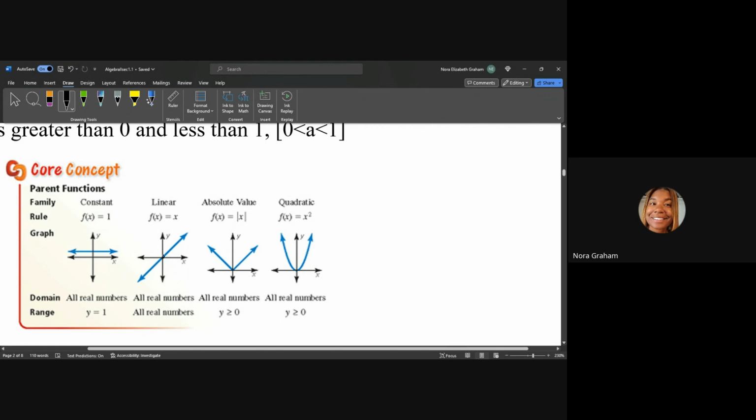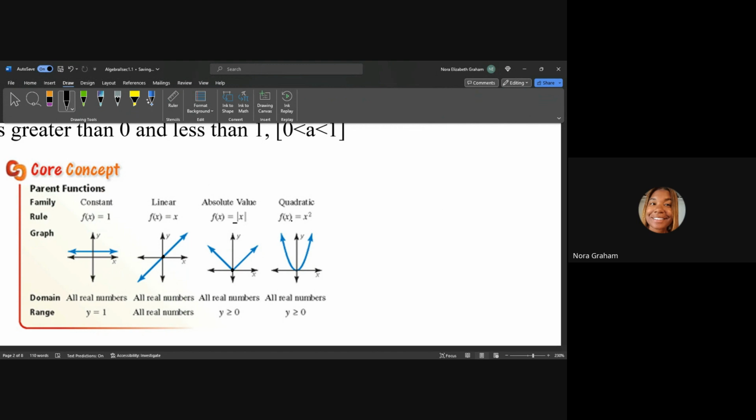It goes through our origin, has a slope of 1. Okay, this is our absolute value function, y equals absolute value of x. Again, our vertex is on our origin, and we have a slope of 1, which means there's nothing being multiplied by my grouping symbols right here.